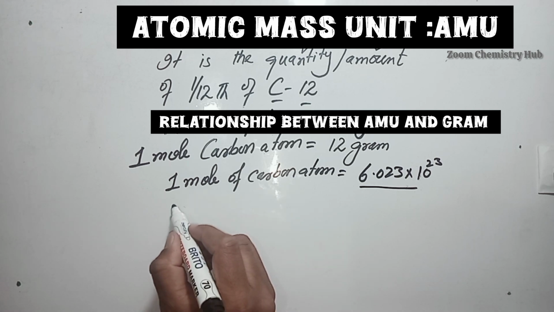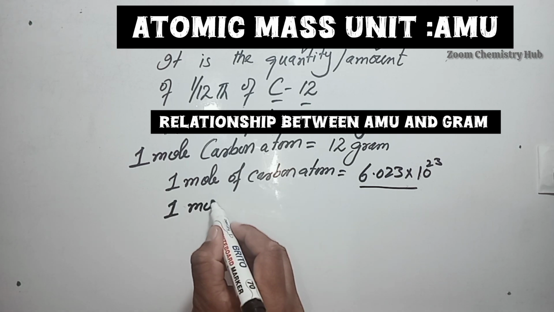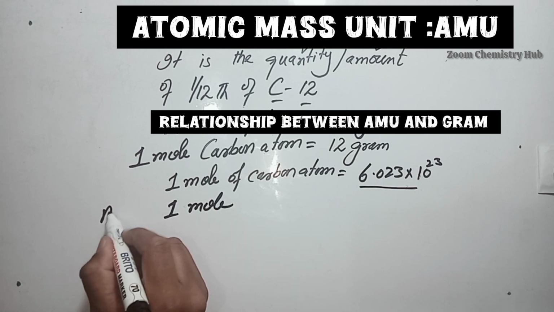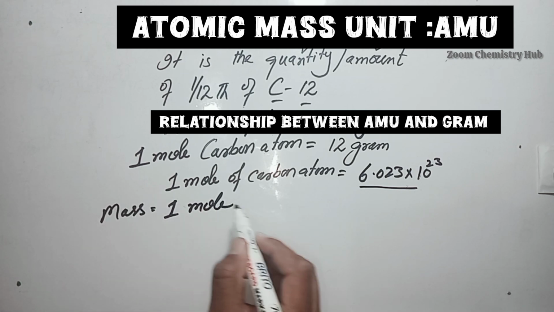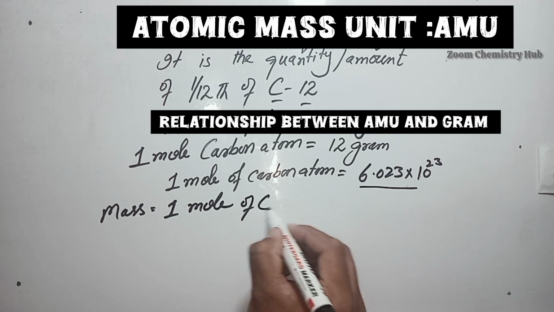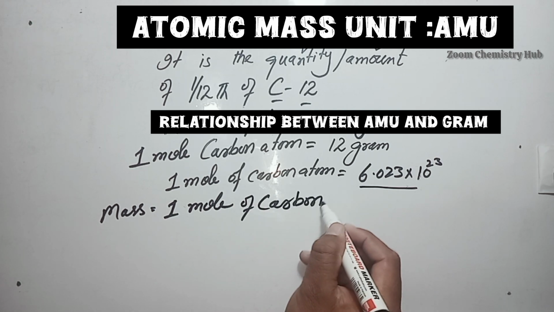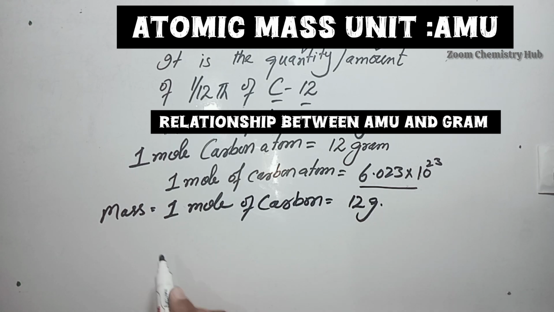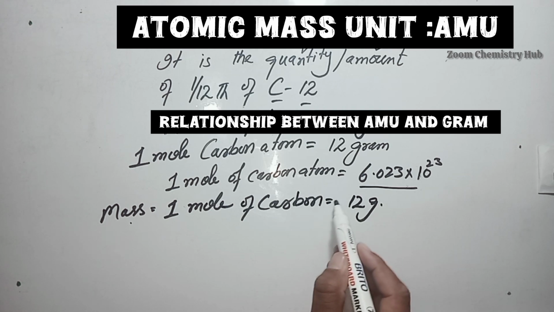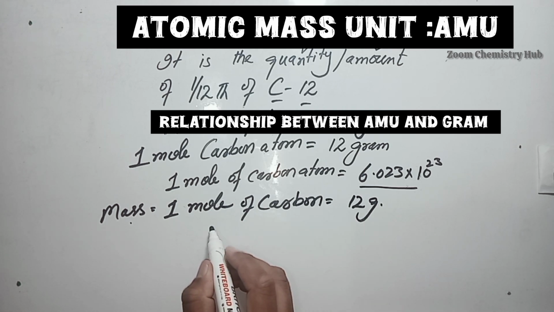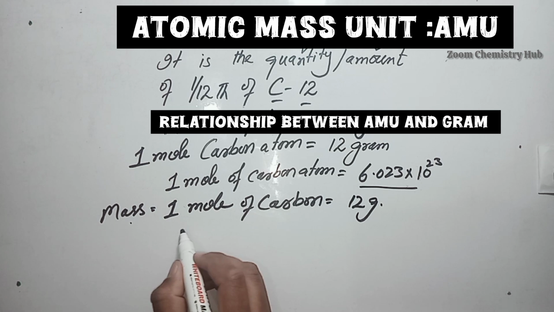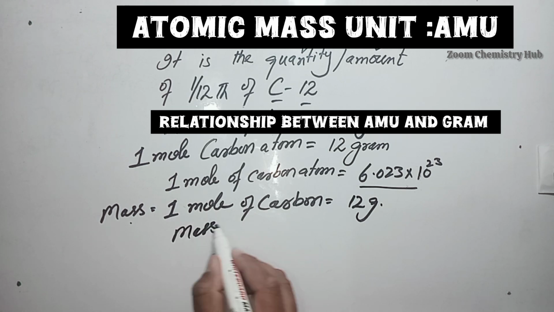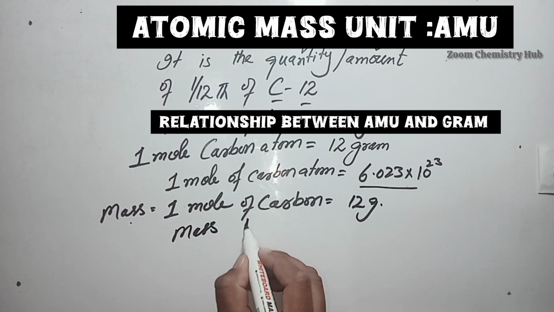We know that the mass of 1 mole of carbon is 12 gram. If the mass of 1 mole of carbon is 12 gram, then how much is the mass of 1 atom of carbon?